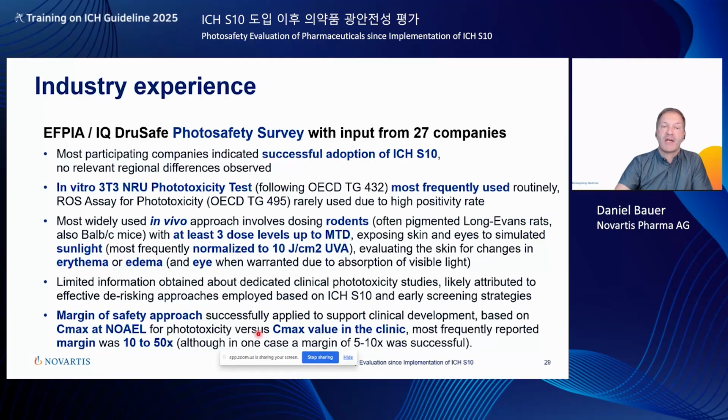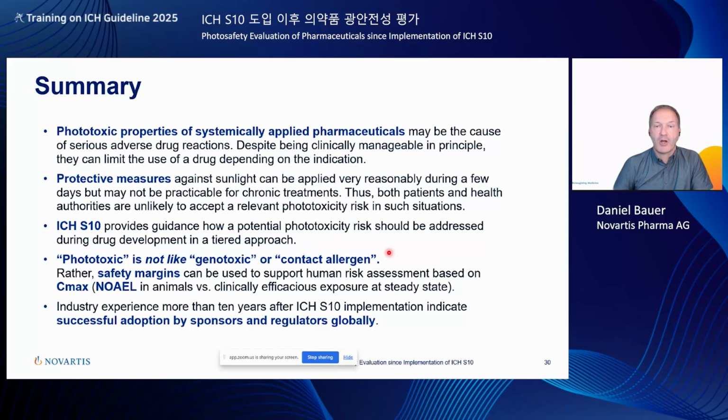And margins of 10 to 15-fold were successfully used to justify no label language and no clinical risk, while in one case even a margin of 5 to 10-fold was successful. So the overall summary of this presentation.